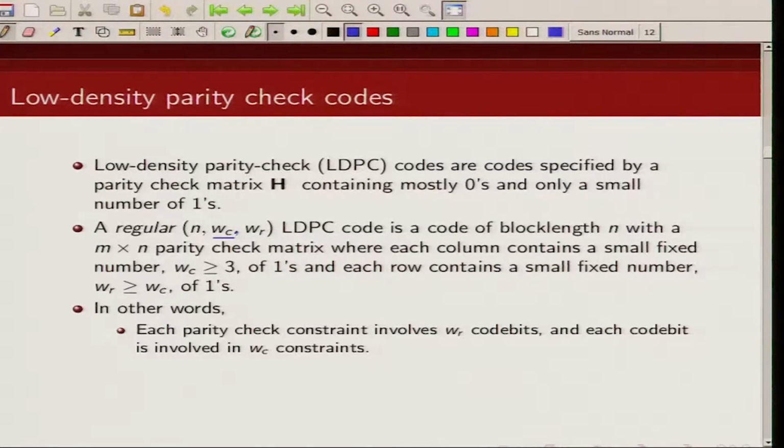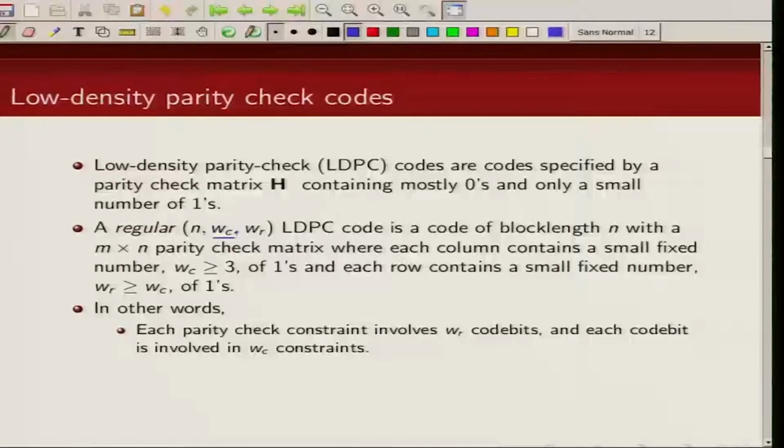It means that each bit appears in W_C parity check equations. So, each bit participates in W_C parity check equations. So, each parity check constraint in a regular LDPC code will have W_R code bits, and each code bit appears in W_C parity check constraints.